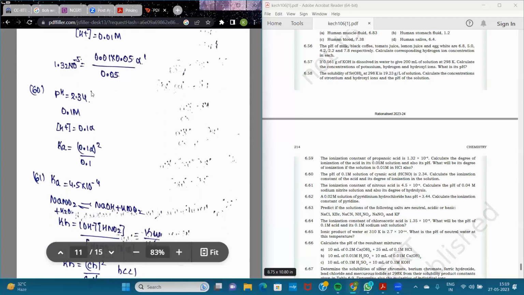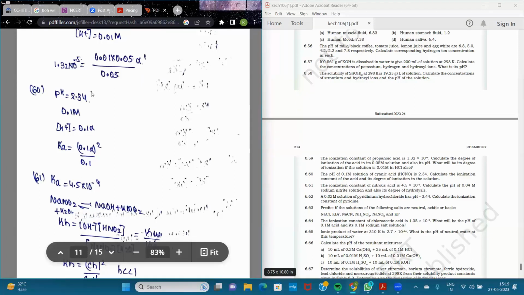The pH of 0.1 molar solution of cyanic acid is 2.34. Calculate the ionization constant of the acid and its degree of ionization in the solution. The concentration C is given as 0.1 molar and pH is given as 2.34. Concentration of H plus is 0.1 into alpha.